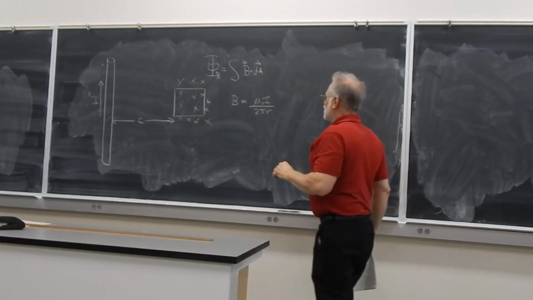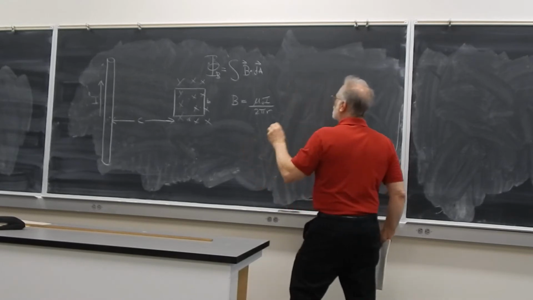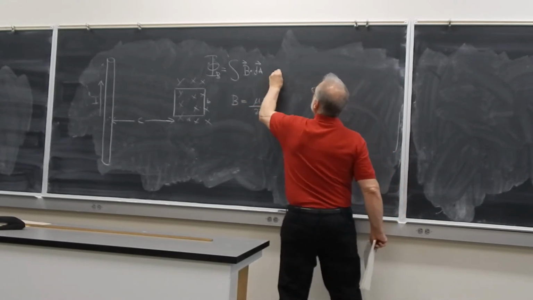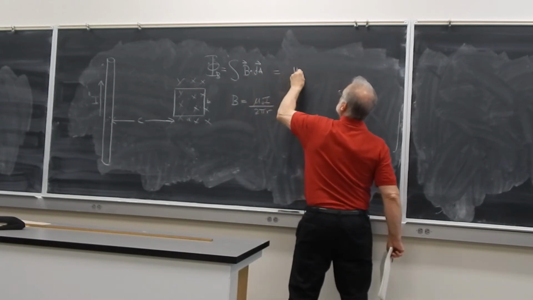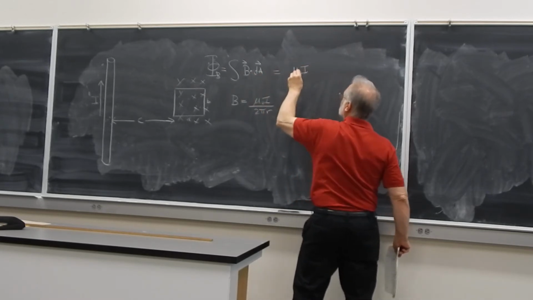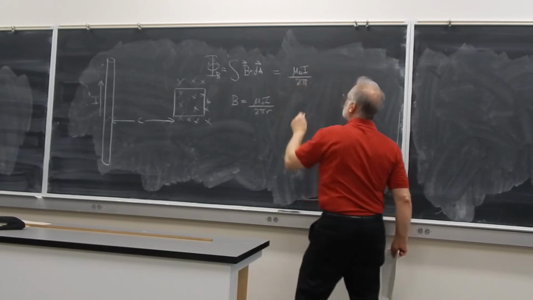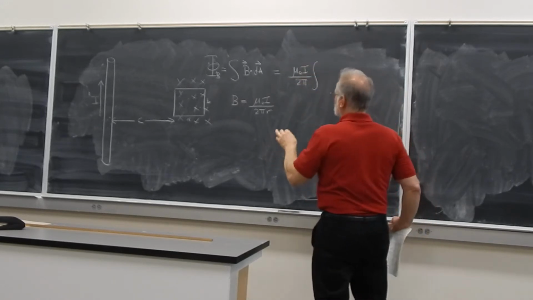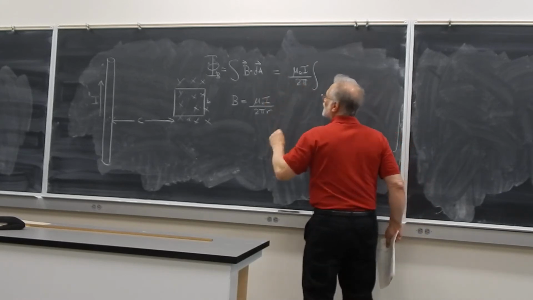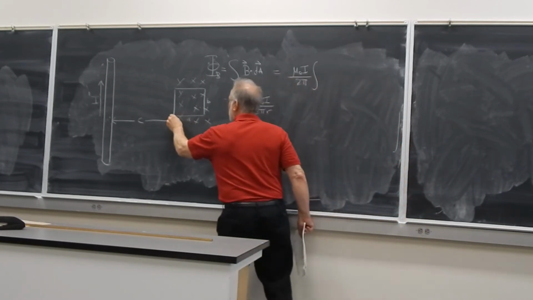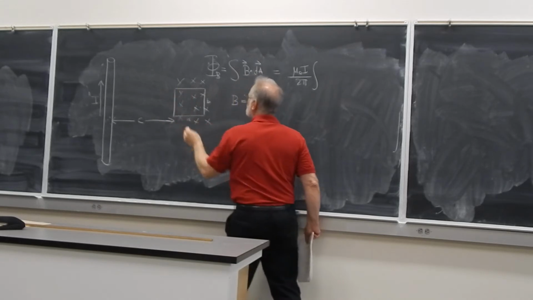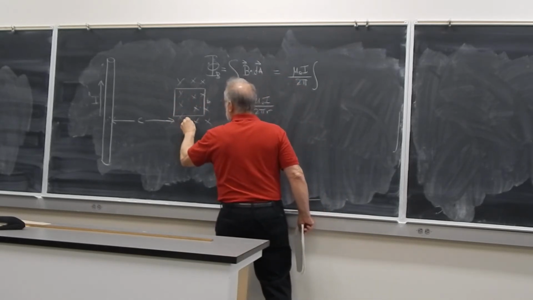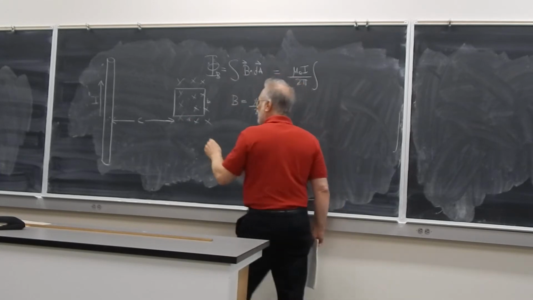When I want to calculate the magnetic flux, then, I'm going to write this as B, which is mu naught, which is a constant, I is a constant current, 2 pi is a constant, and I'm going to use, when I look at the area element of this loop, the area element would be B times A. However, the area is changing.